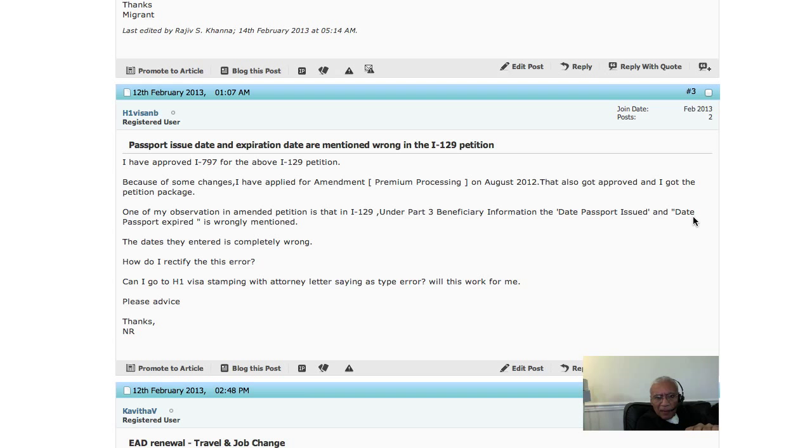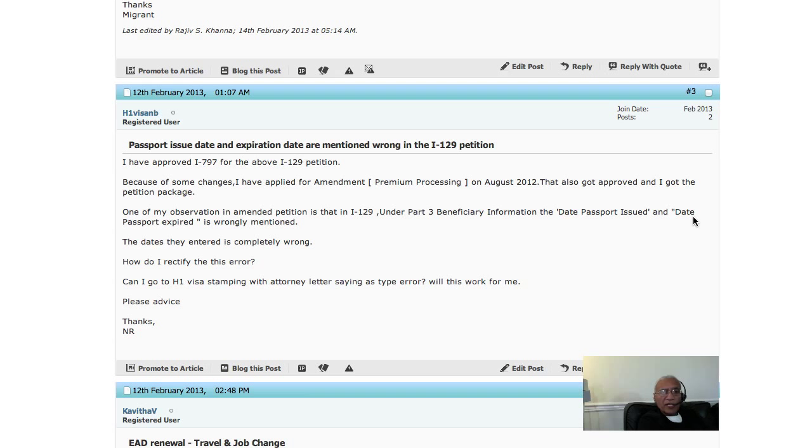What happened in their paperwork was their I-129 got approved, but they found that there was a problem about the date the passport was issued and the date the passport expired. See, the problem is you cannot change anything on the petition after it has been approved unless it is government error.